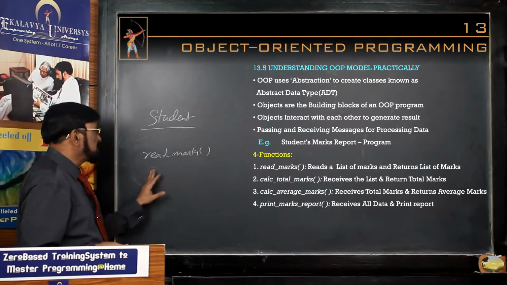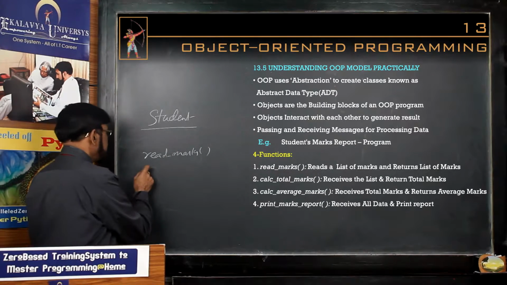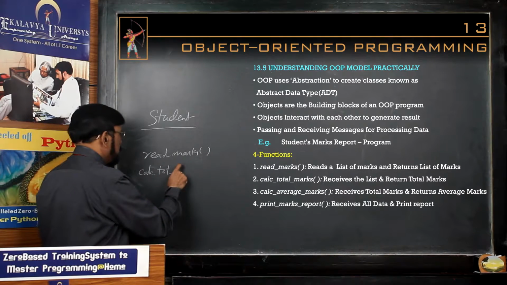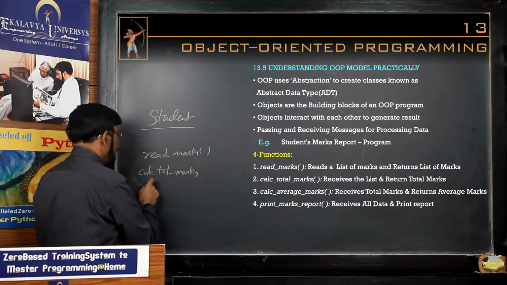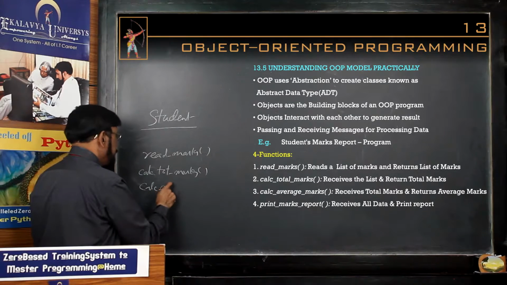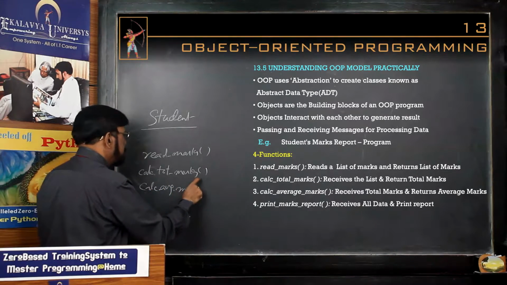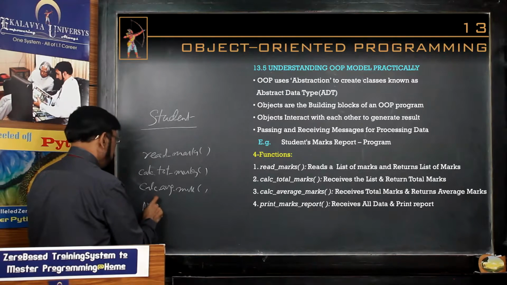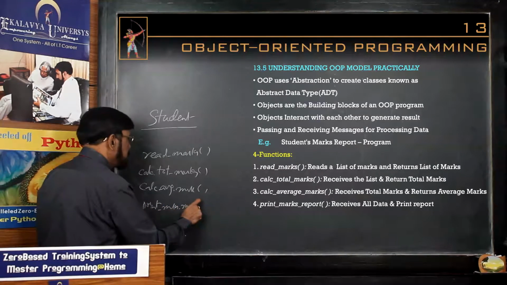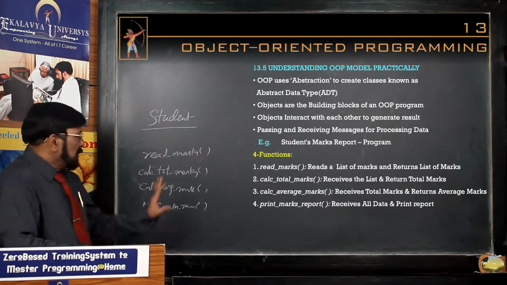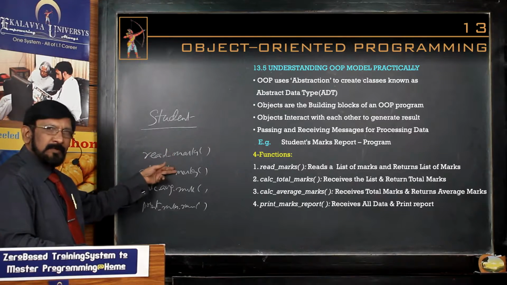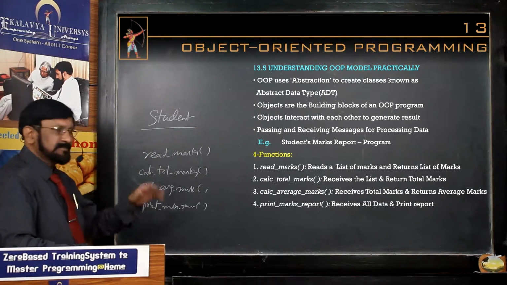There are 4 functions. Read marks, calculate total marks, calculate average marks, and print marks report. Now these are 4 functions like heart, liver, lungs, kidneys.